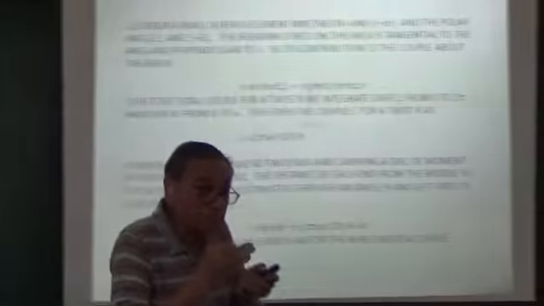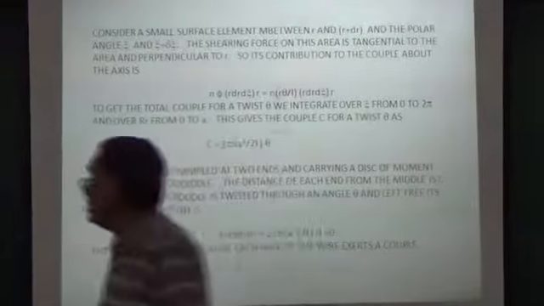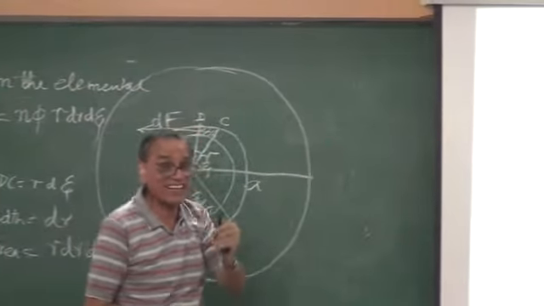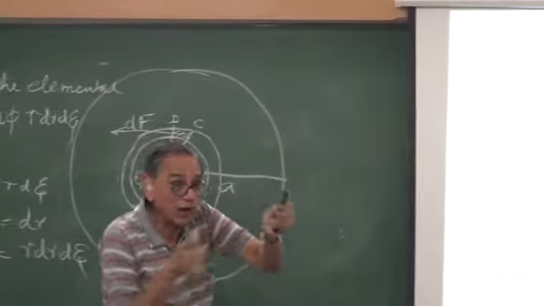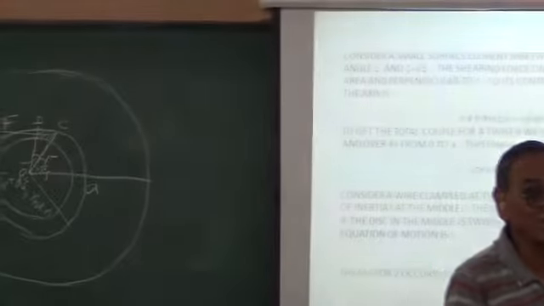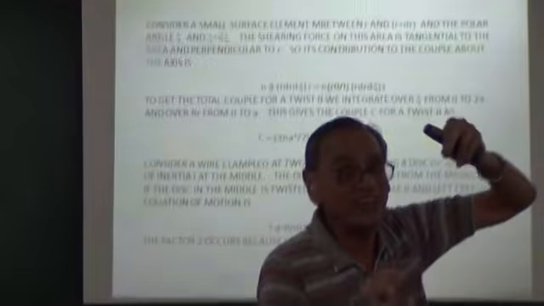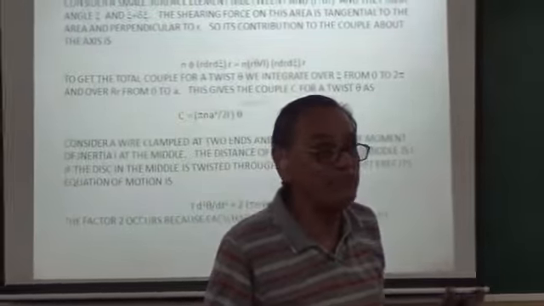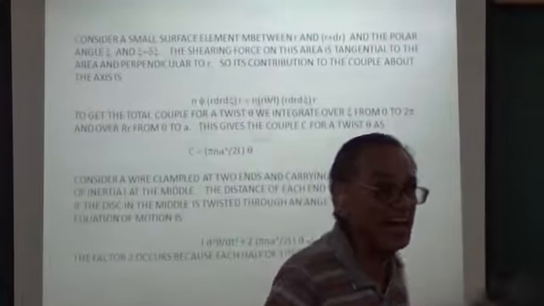Now I take this force and find out what is the couple of this force about the axis. This is the axis of the wire. I have to apply a couple to twist it. So what is the couple due to the force dF about the axis of the wire? That will be dF into the distance r.